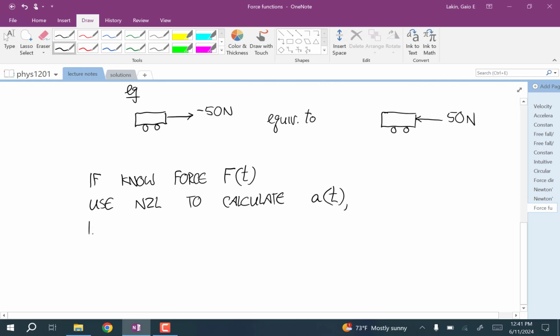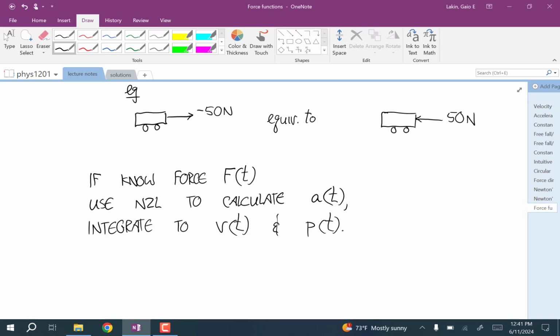And then you can integrate to find the velocity as a function of time, and then integrate one more time to get the position as a function of time. Remember that each one of these steps, since we'll be integrating, needs initial conditions to calculate those constants of integration.